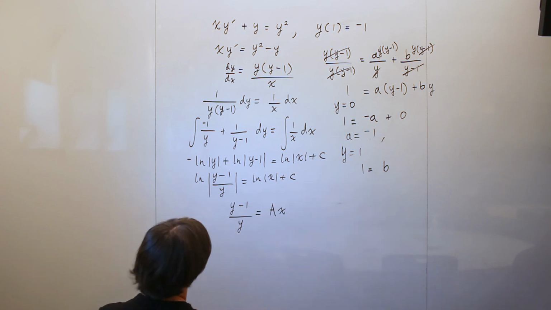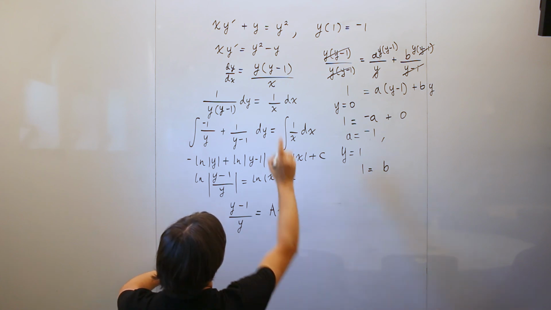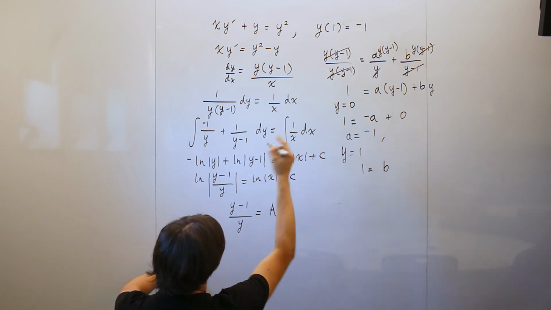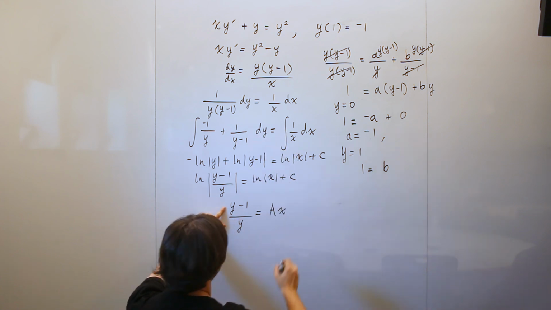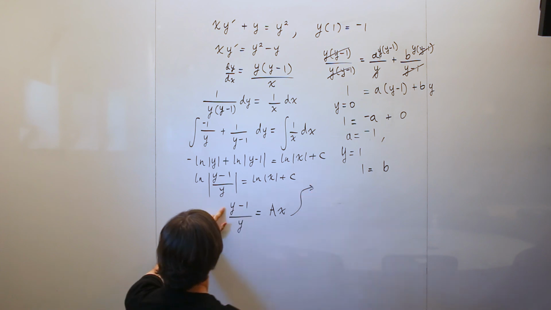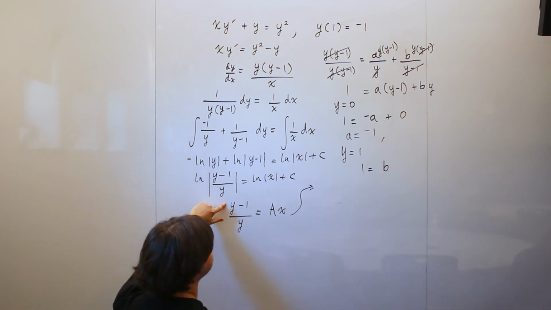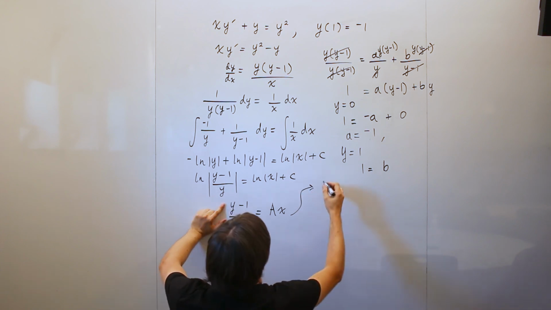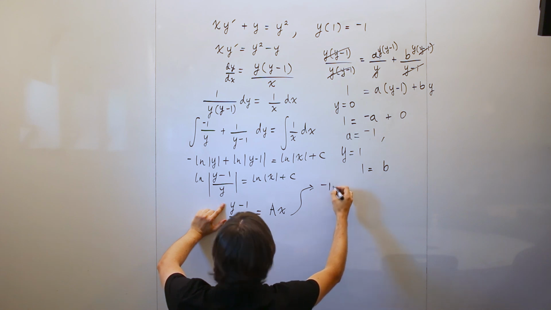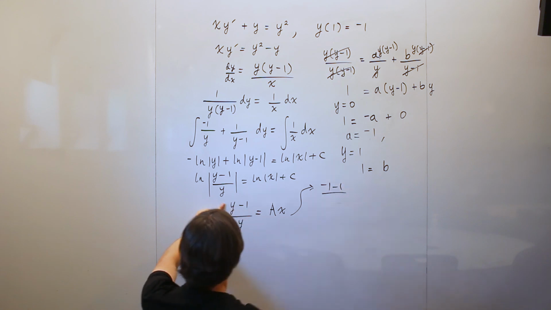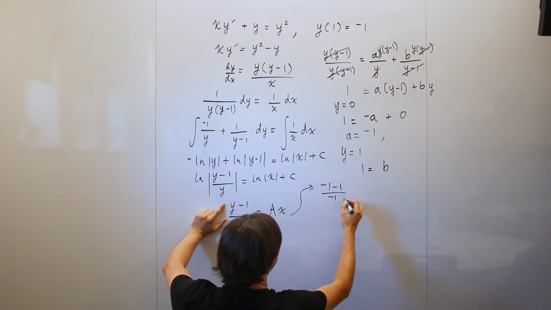Then I use the fact that when x equals 1, y equals −1. So put that in here. When x equals 1, we have −1 minus 1 on the top, −1 on the bottom.